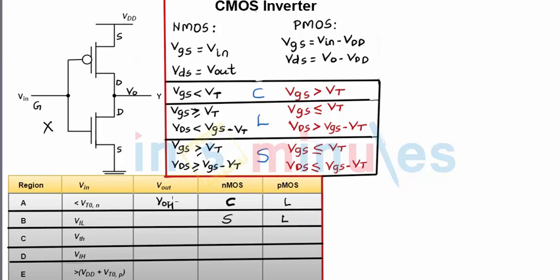But remember, input low was the maximum voltage considered to be a logic 0. So the output is still high, but it's not as high as VDD. It's approximately equal to output high. If you have not understood what I just said, just keep this in mind that my input is low, so my output is going to be high approximately.